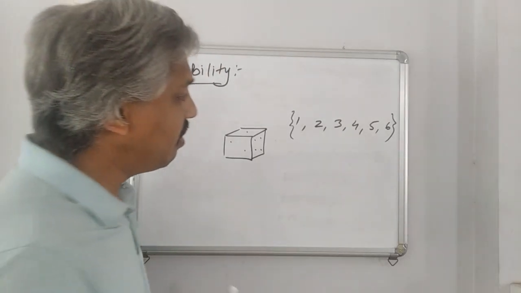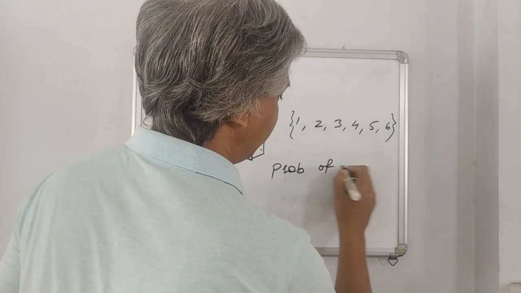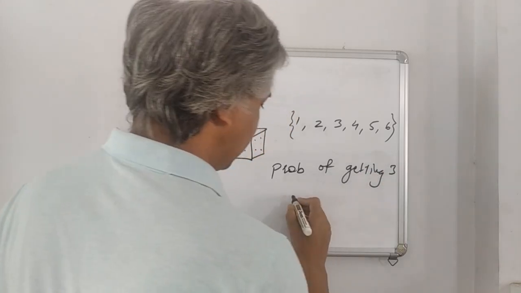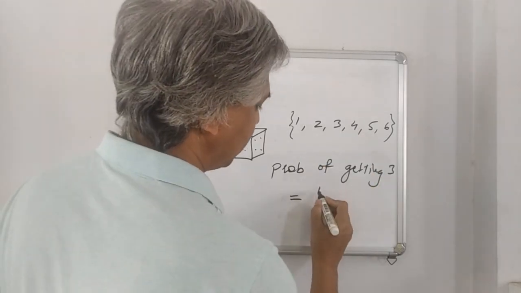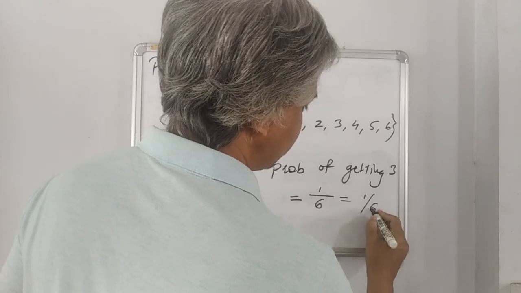So the probability of getting 3 is equal to, how many times can 3 come? Only once. And how many scores are possible? 6 scores are possible. So the answer is 1 by 6.